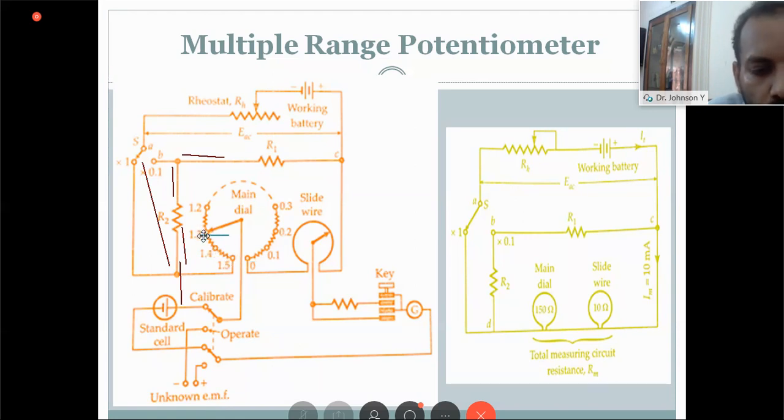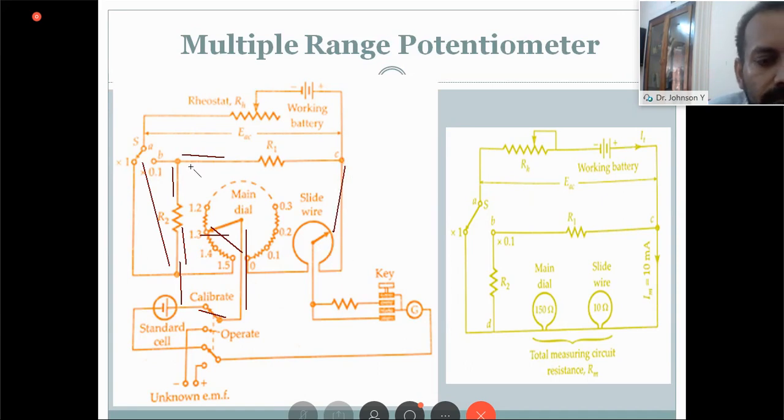From that point the current moves this way, and if it is in the calibrate position, then calibration will happen. After the calibration is over, through this galvanometer and key, it again comes to the slide wire point, and the current flow resumes through this way and completes.